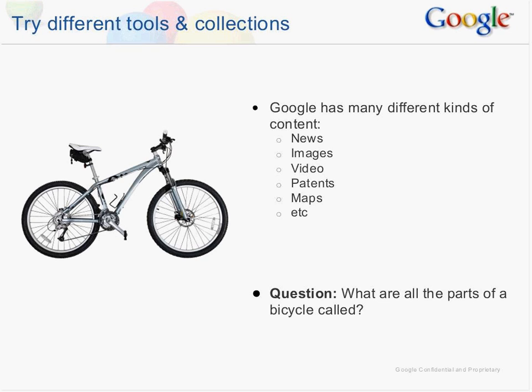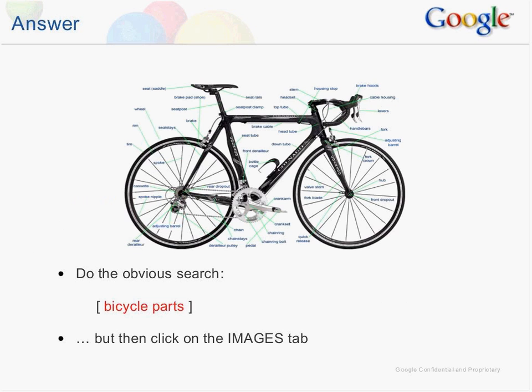Now, what we're really looking for here is a diagram, right? I want all the parts labeled. So what I would do is bicycle parts or bicycle diagram or something like that. But then click on the Images tab in the upper left corner, okay?